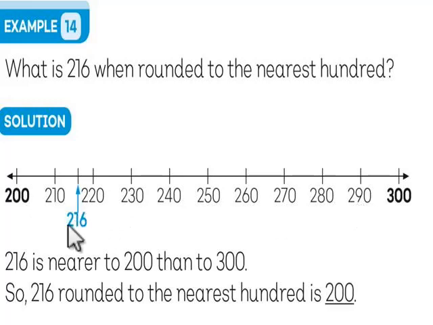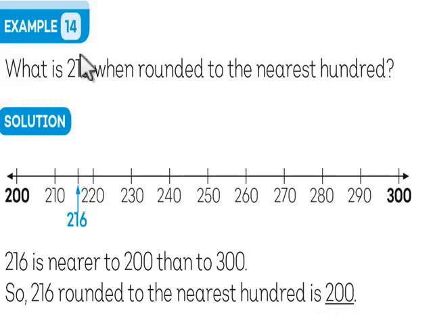So here, 216 is here. So 216 is nearer to 200 than 300. So 216 rounded to the nearest 100 is 200.